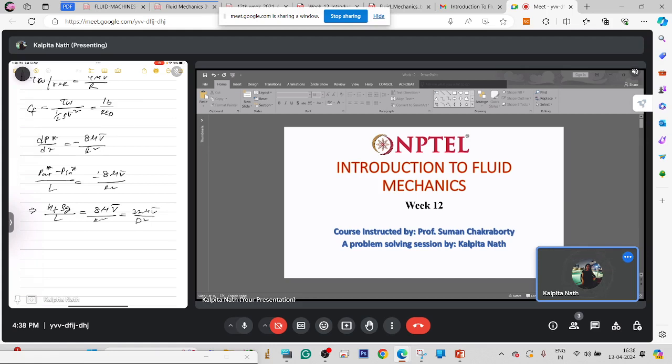Now v bar is equal to Q upon pi D square by 4. So we can write this as rho g hf is equal to 32 mu Q L upon pi D square by 4 times D square.